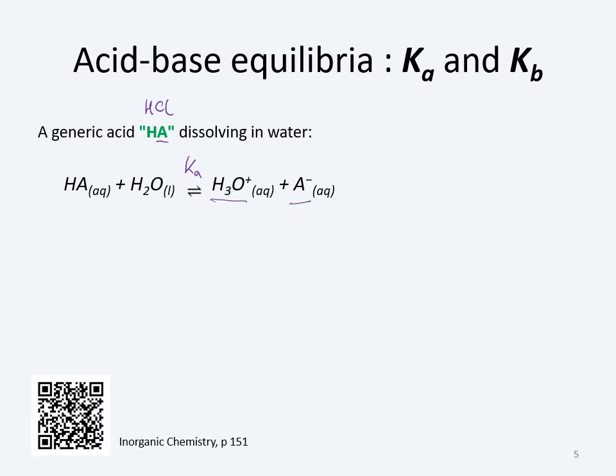So we can write Ka is equal to, and it's basically the products on the top. So in this case, it's the concentration of H3O+ multiplied by the concentration of A-, and that's going to be over the reactants. And in this case we only need to consider the concentration of HA.